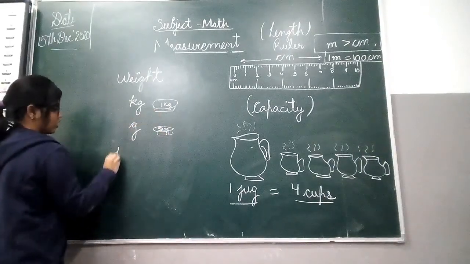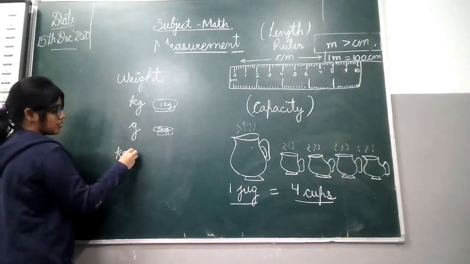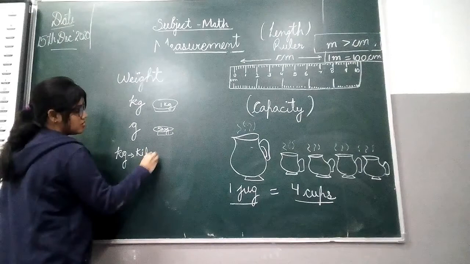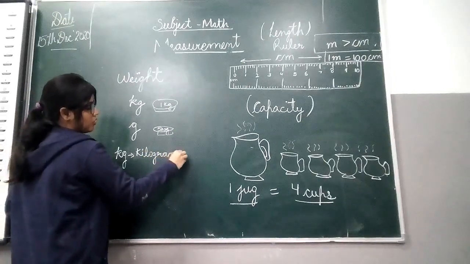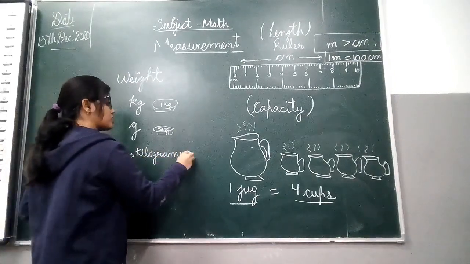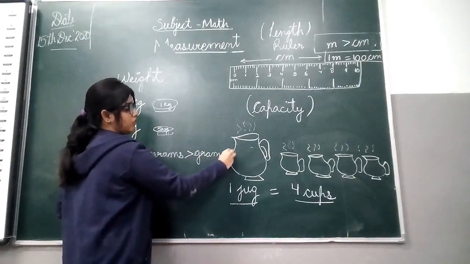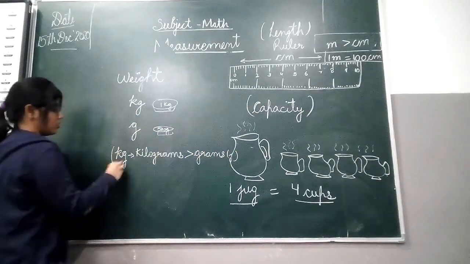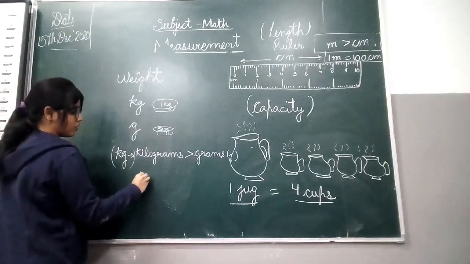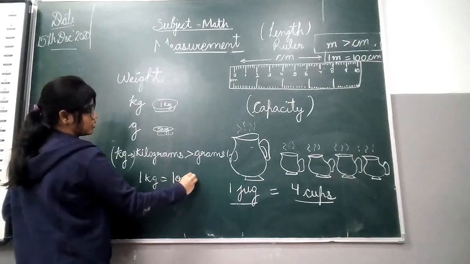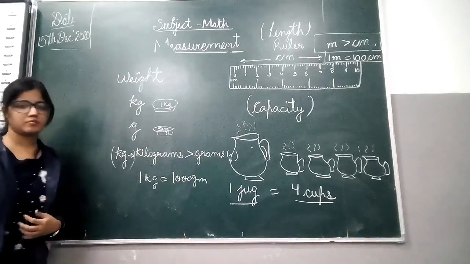Kg means kilograms. Kilograms are greater than grams, or we call it g. So 1 kilogram is equal to 1000 grams.